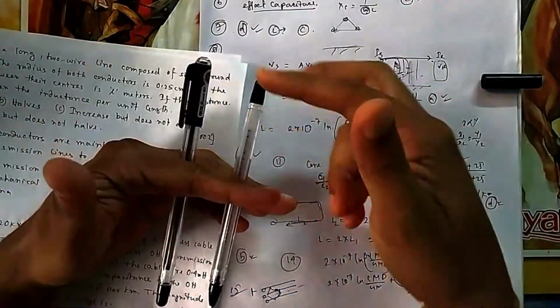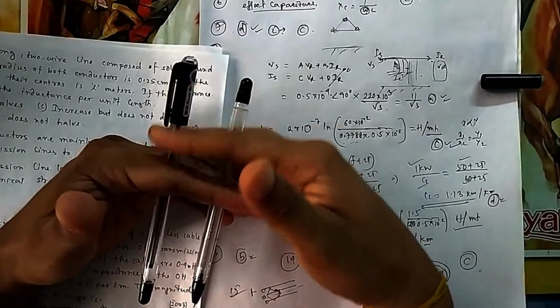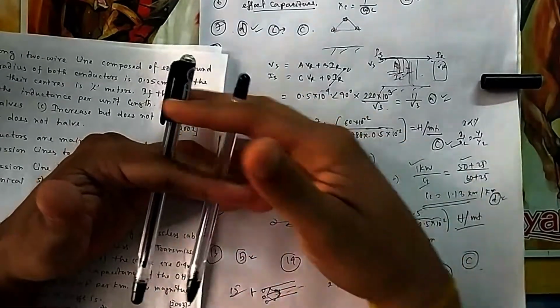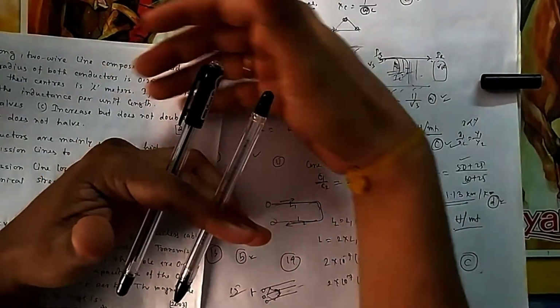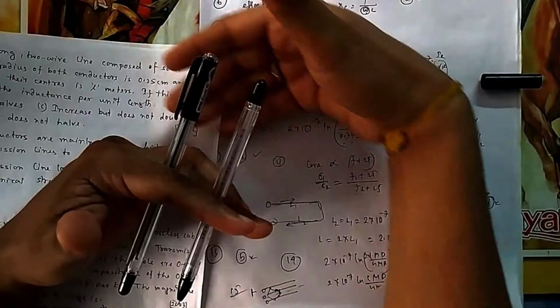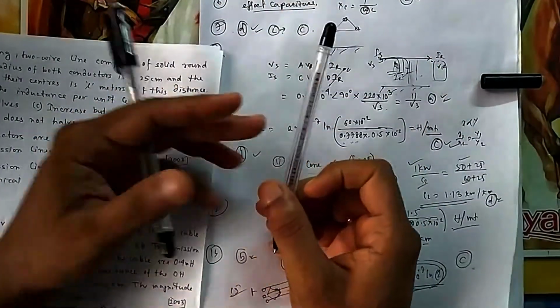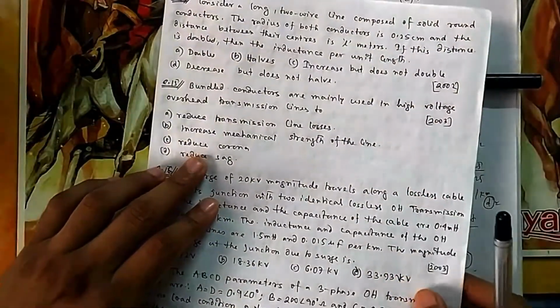So R phase 2, Y phase 2, B phase 2, and in between they will be connected. That is known as a bundle conductor. So the virtual diameter of the conductor increases. If the virtual diameter is increasing, then you can say the surface of this one is increasing. So that's why corona loss reduces. That is one of the main uses of bundle conductors, reducing corona. That is your option C.